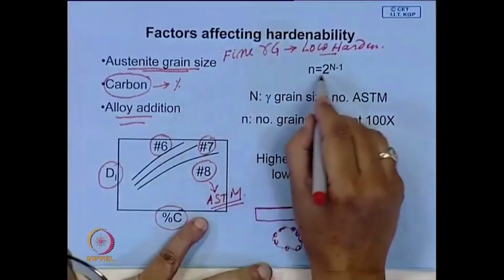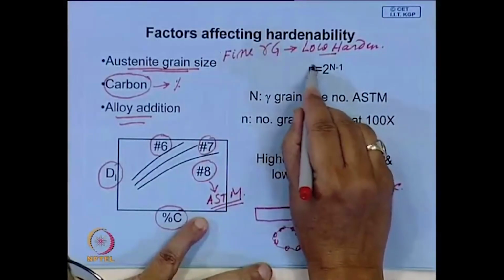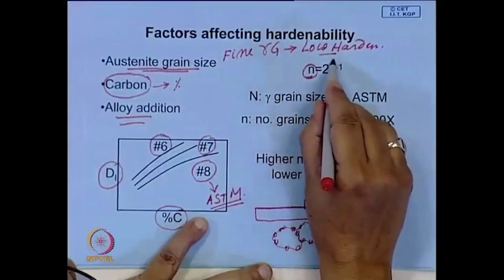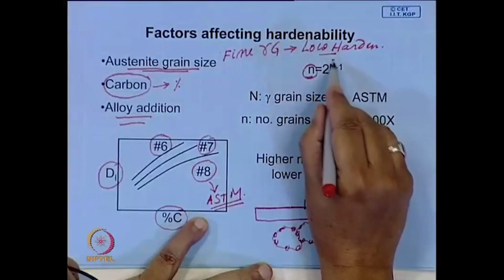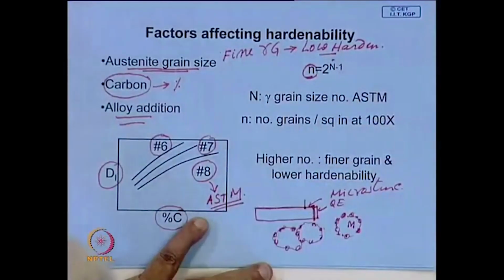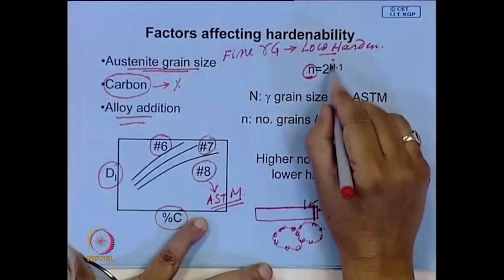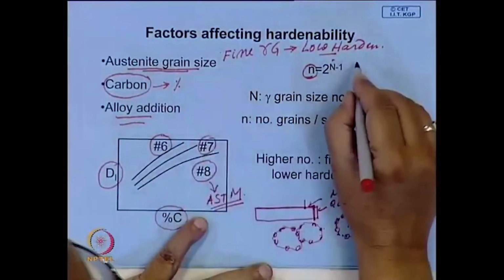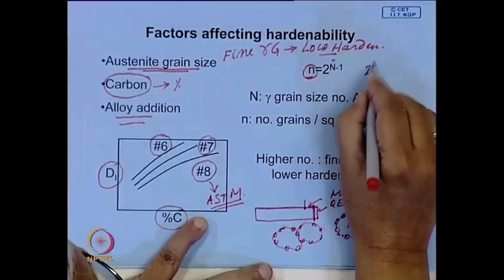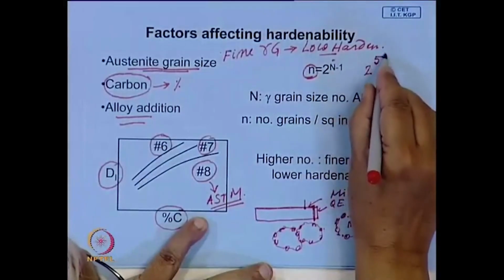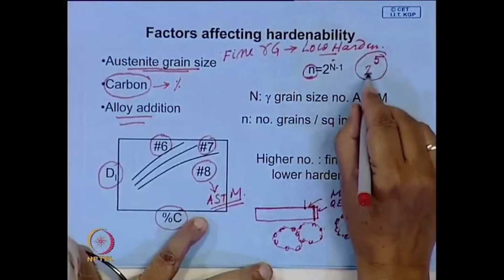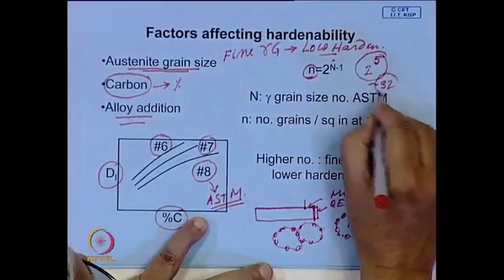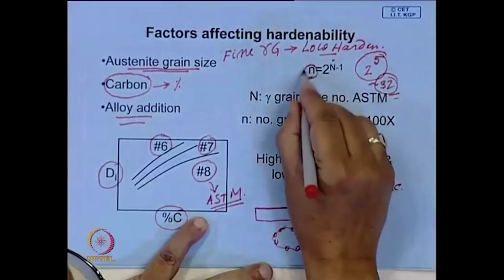How do you define this number? It is related to the number of austenite grains per unit area, 2 to the power n minus 1. Suppose n is 6. So, 6 minus 1 gives 2 to the power 5, which is 32.